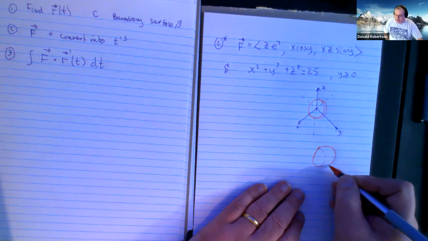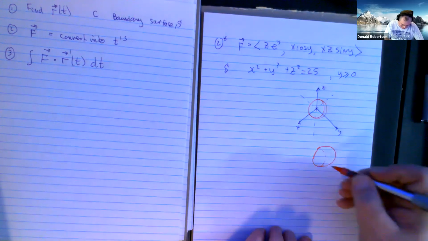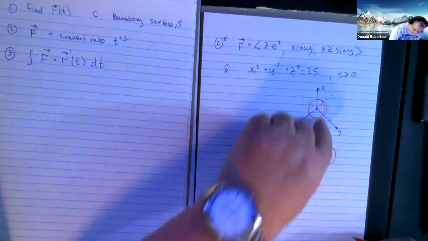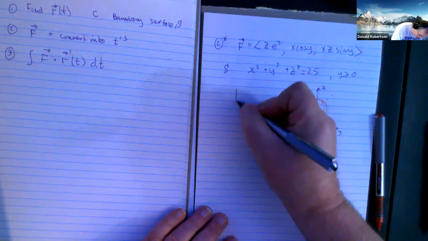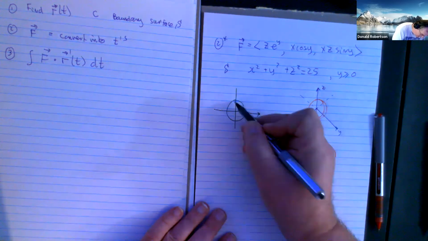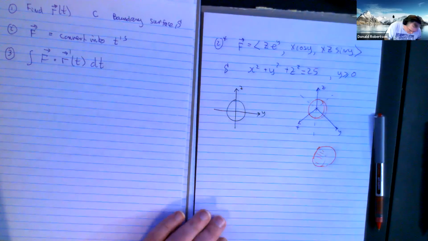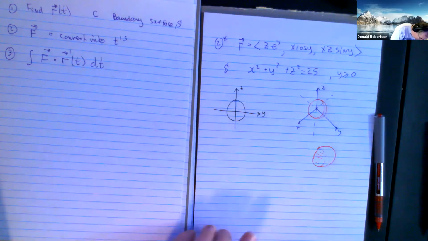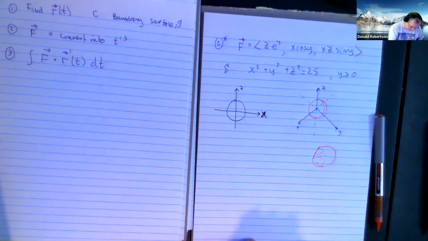Can you imagine that's that guy? And this here is the XZ plane. So what we're looking at is, yes, another circle, but that circle is in the YZ plane. Not the YZ plane, the XZ plane, right? It's in this wall here.